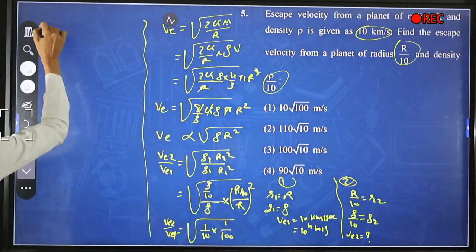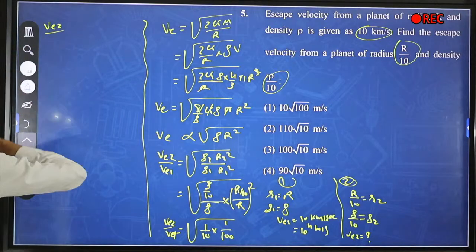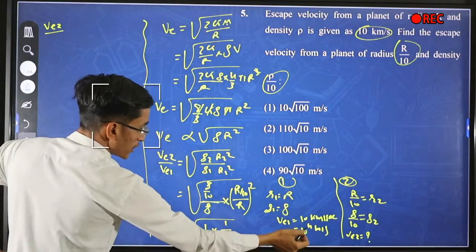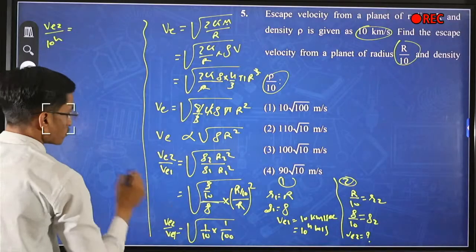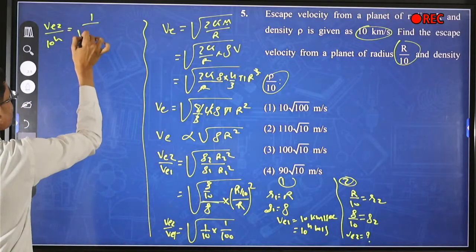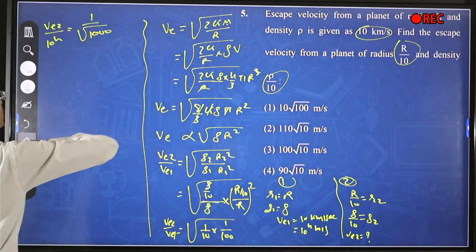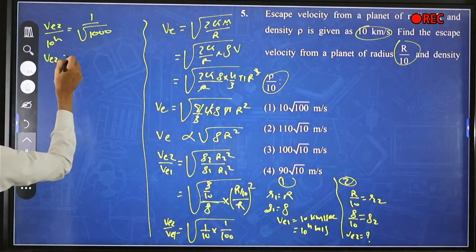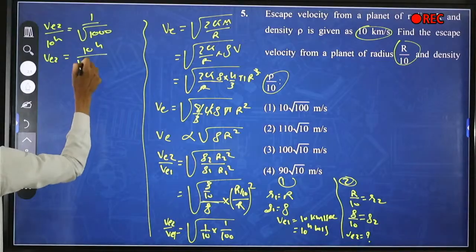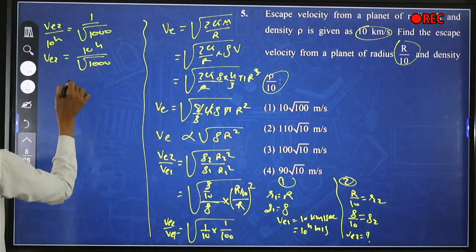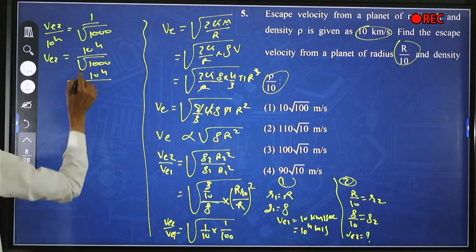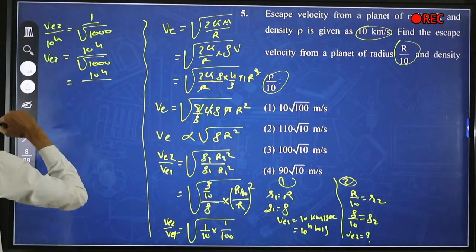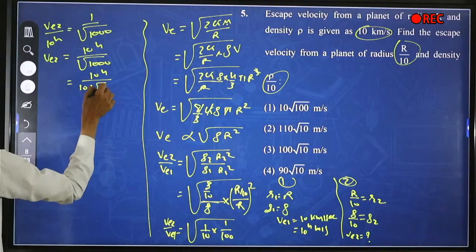Now v1 is given as 10 raised to 4 meter per second, so v2 is equal to 10 raised to 4 divided by root of 1000, which becomes 10 raised to 4 divided by 10 root 10.